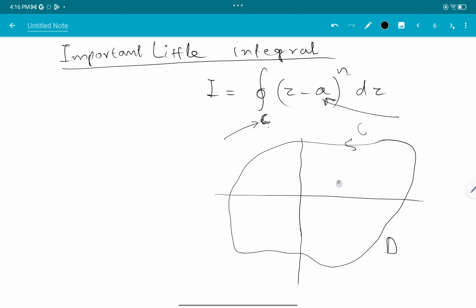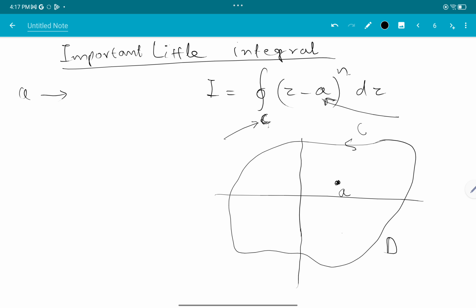Say a is here. Since a is a point in the complex plane, a is a complex number. Don't think that a is something real. It is a complex number, and that is very important for the solution of this.